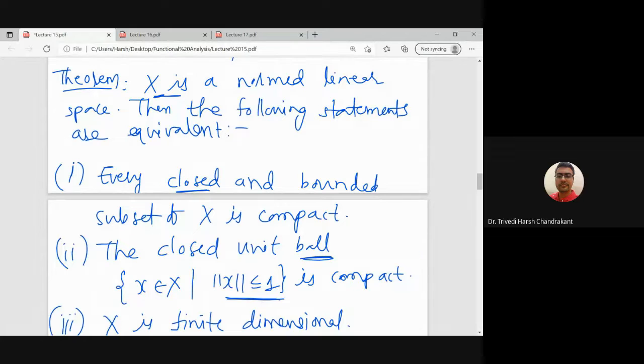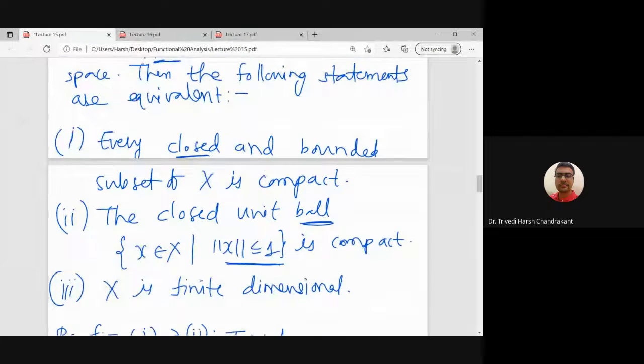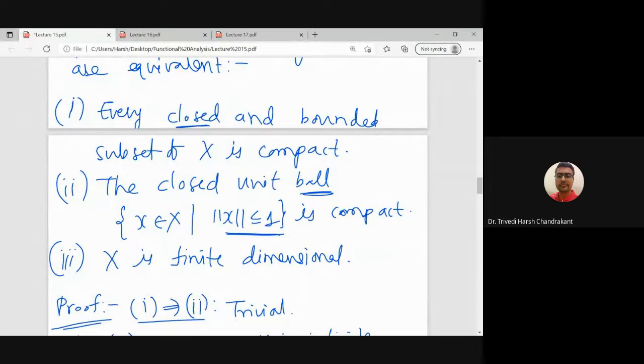But in general, this is not true for every normed linear space. So this is the result: every closed and bounded subset of a normed linear space is compact if and only if the closed unit ball is compact, if and only if the normed linear space is finite dimensional.